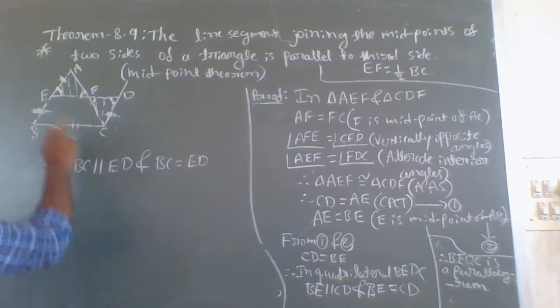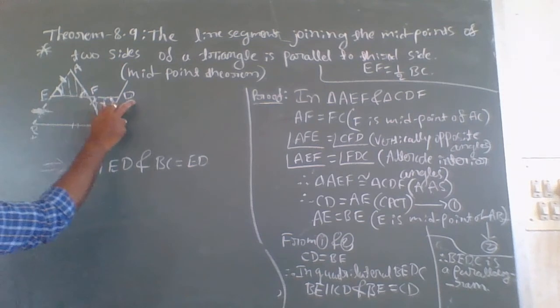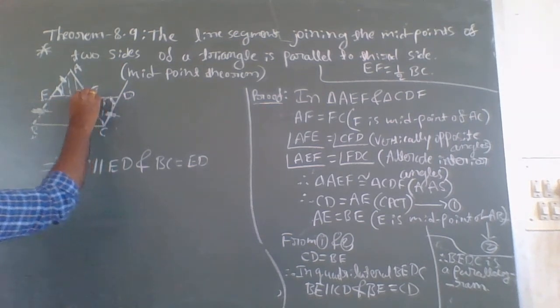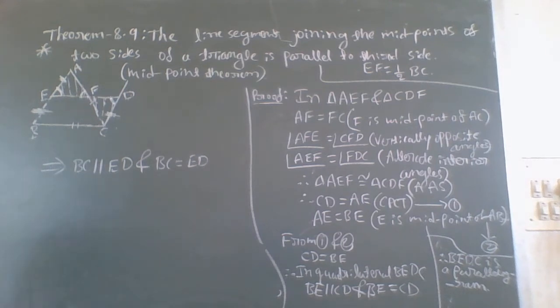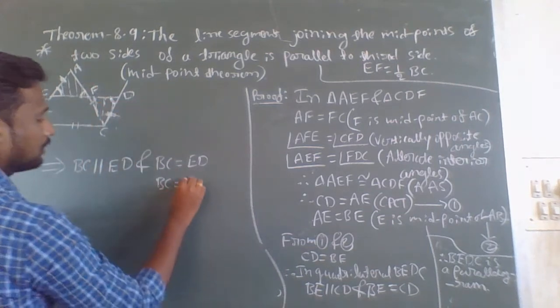We know that BC is equal to ED because opposite sides of a parallelogram are equal. And ED means EF plus FD. Why? This F is midpoint. So here we can write BC is equal to EF plus FD.